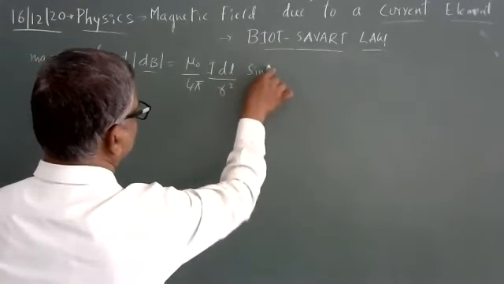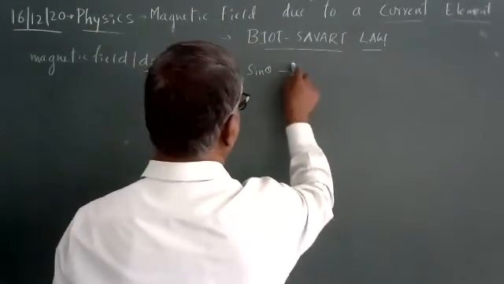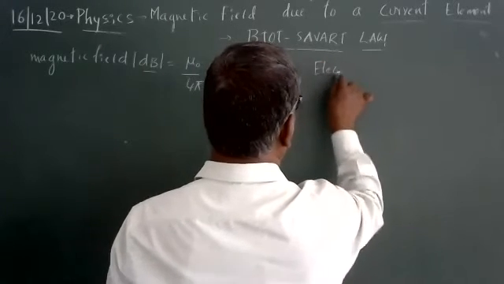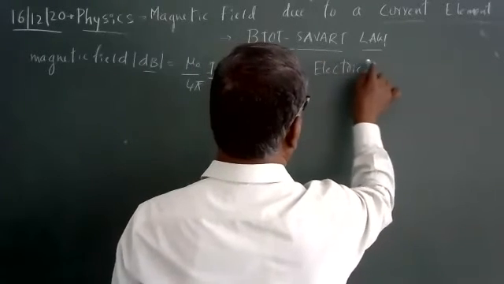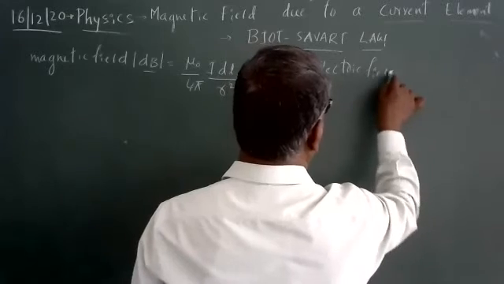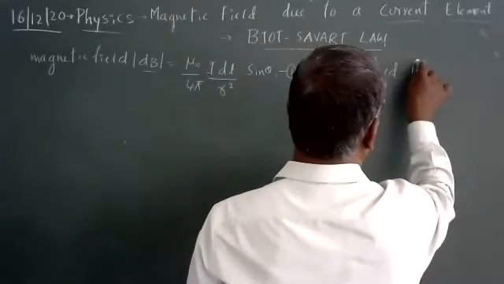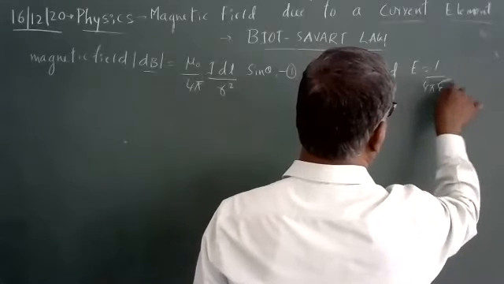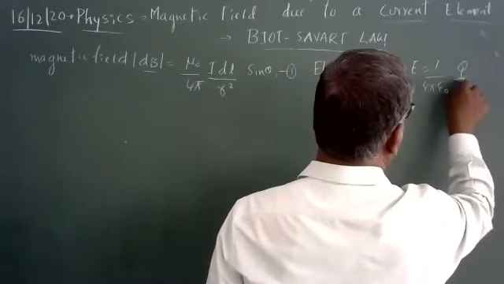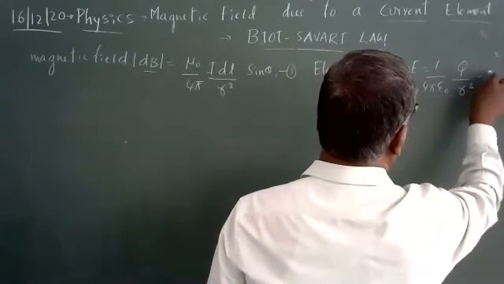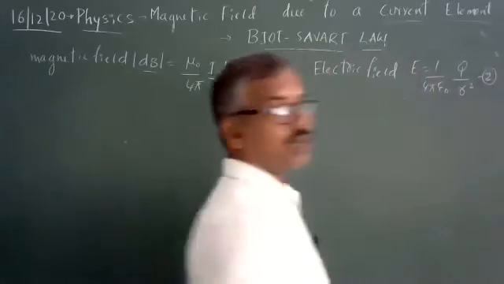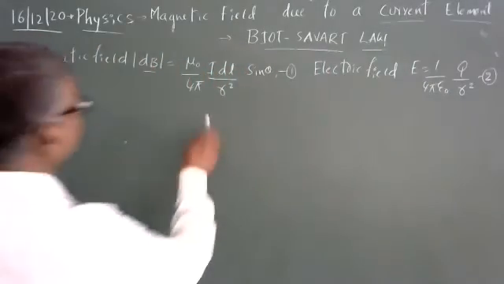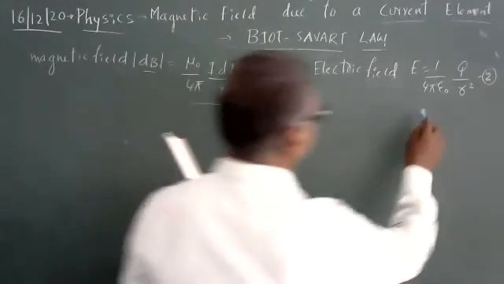Call it equation 1. Similarly, the electric field we know: E equals 1 upon 4 pi epsilon 0, q divided by r square. Call it equation 2. Equation 1 is the magnetic field and equation 2 is the electric field.